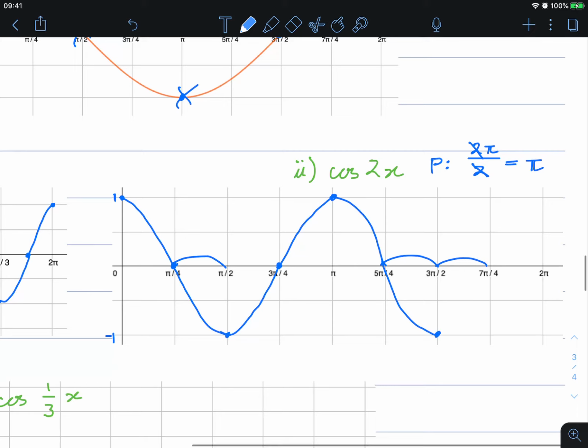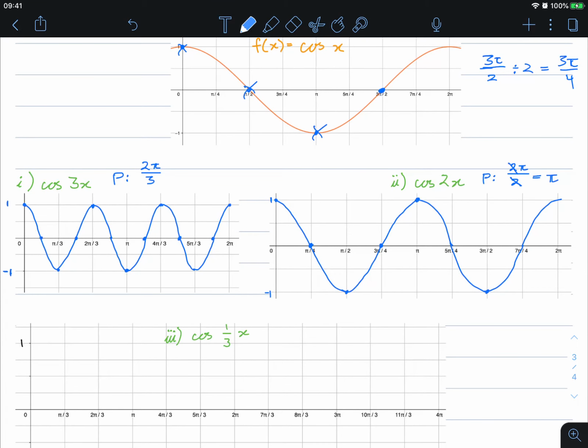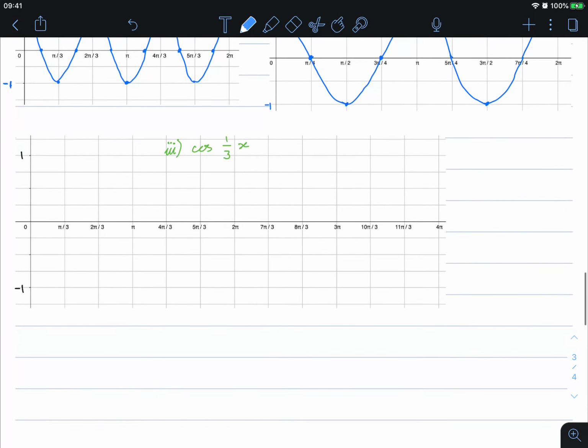One more step goes back to 0. And one more step goes back to the end of the cycle. There we go. And that's how we graph cosine of 2x.